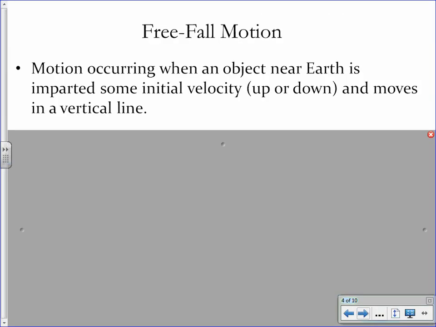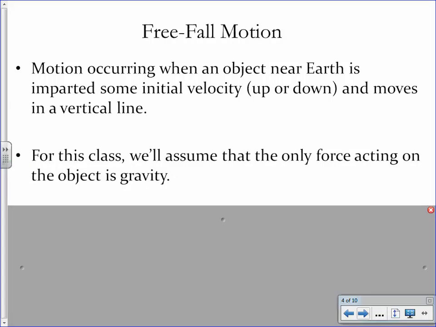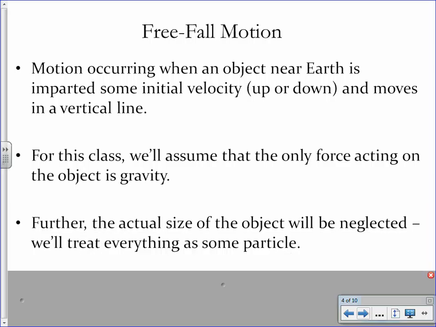We're going to basically throw something at the ground, either drop it with no initial velocity or throw it with some sort of initial velocity. We're going to assume that the only force acting on this object is gravity. We are not going to deal with the size of the object or any sort of air resistance. What about wind? We're going to ignore it.